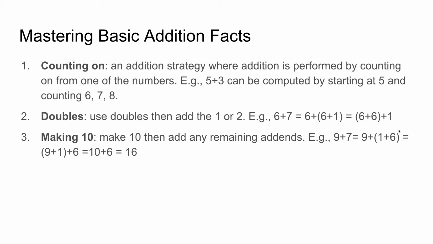But in this case, you had 7, which is 1 plus 6. Now I'm going to associate these two to make 10. So I'm associating 9 and 1 together to make 10, and 6. So it's called the associative property. We're going to talk about that later. Just a heads up.